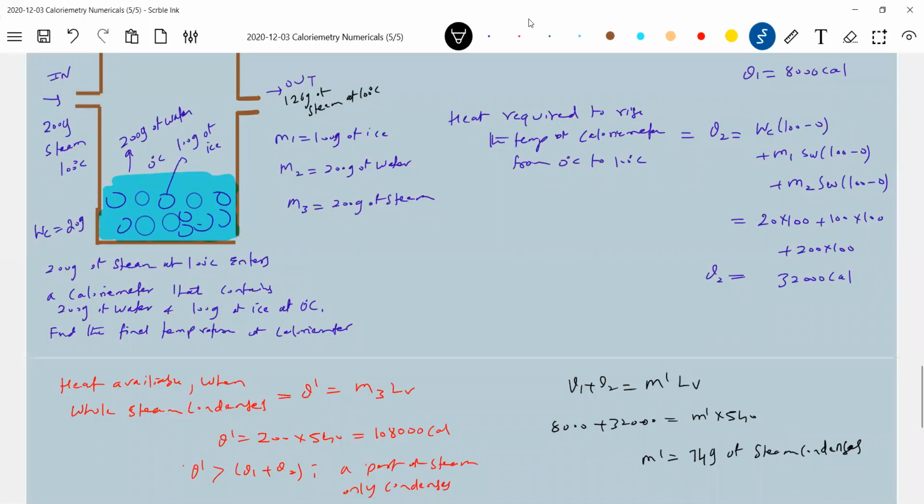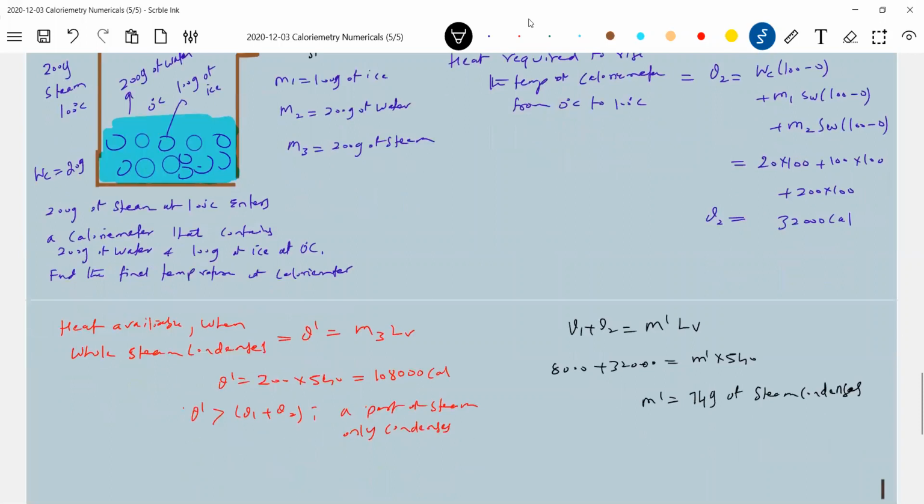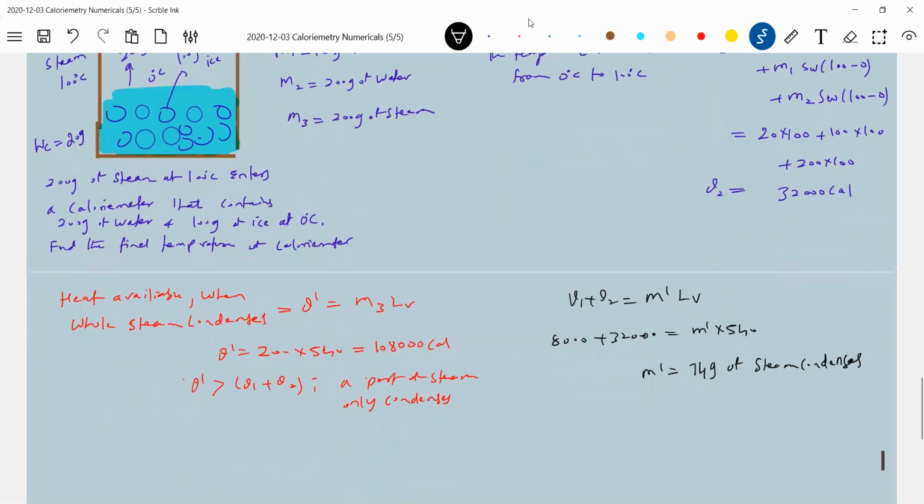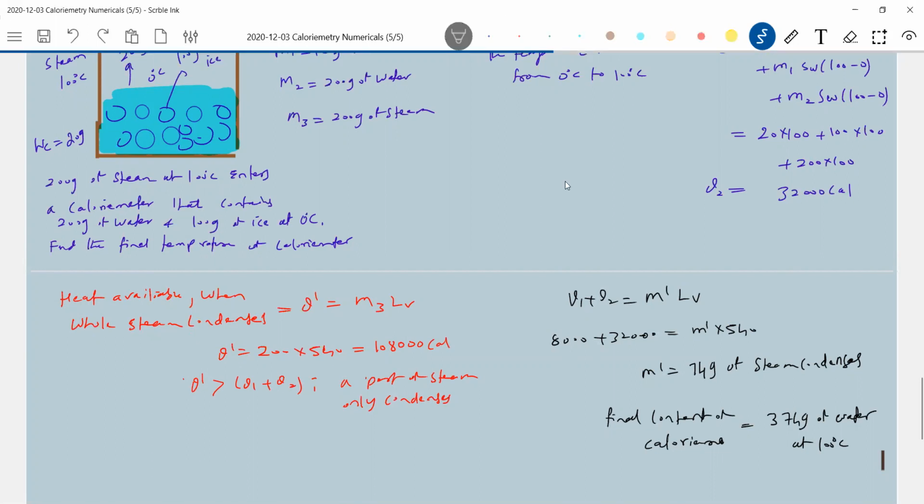So what will be the final content of the calorimeter? 374 grams of water at 100 degrees Celsius. Do I agree? This is what we did.